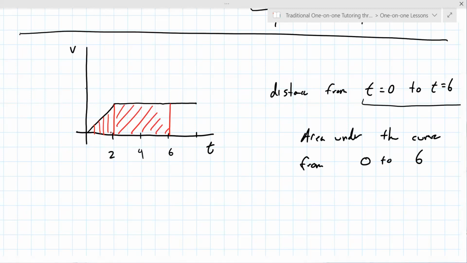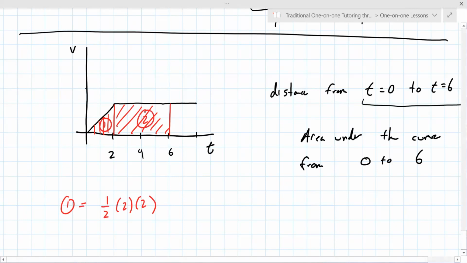So you can group these. The area of 1 is 1/2 base times the height. And then the area of 2 is the base times the height, 4 times 2.